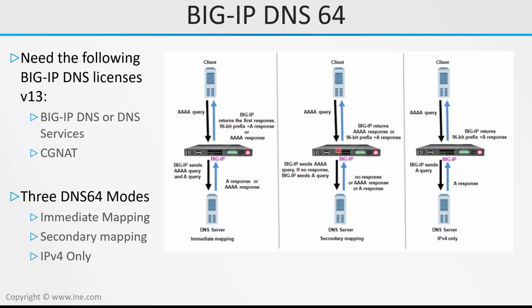And the third option is, okay, you only have IPv4 in your environment. So same process, IPv6 query, it forwards that back to the DNS server as an A query. It gets the A response back to the F5, and the F5 will append that 96-bit prefix.